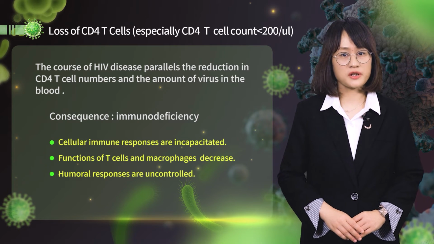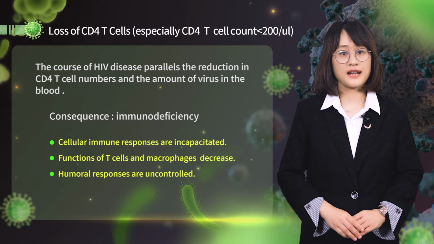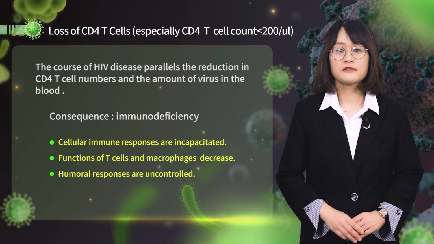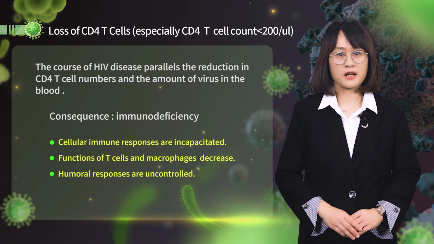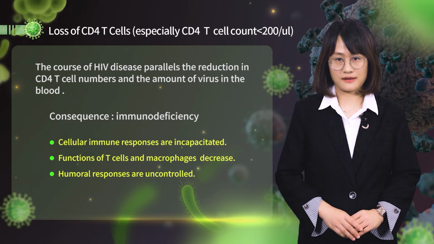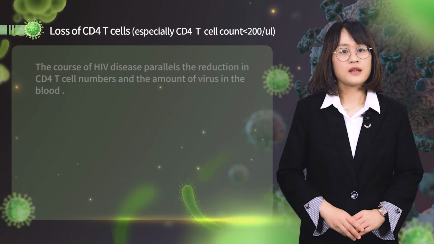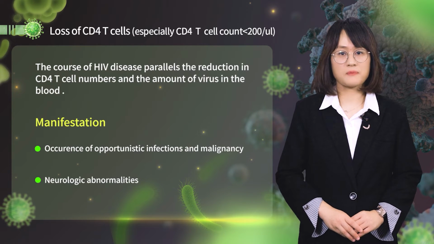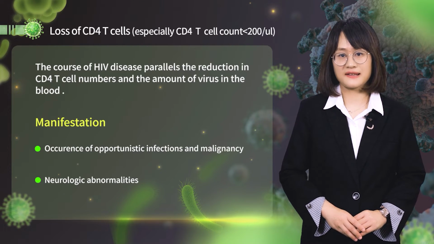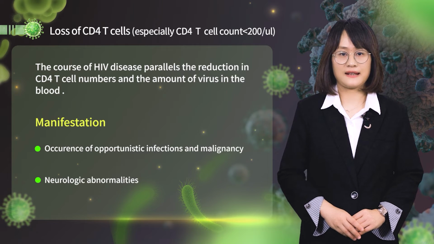CD4 T cell numbers drop greatly in the late course of the disease. Finally, the patient becomes immunodeficient. Loss of CD4 T cells affects both cellular and humoral immune responses. The patients are susceptible to opportunistic diseases and malignancy.